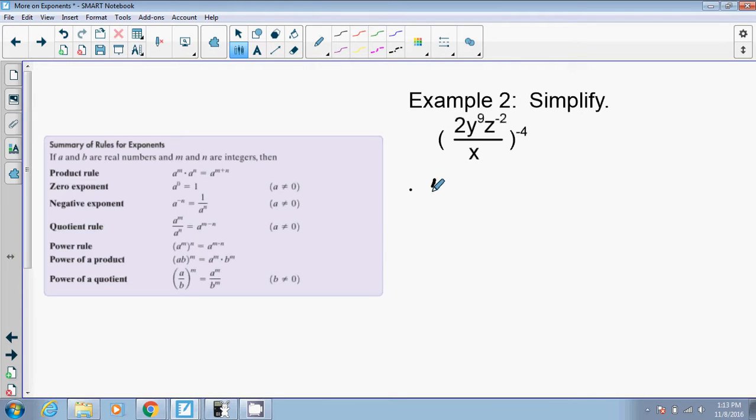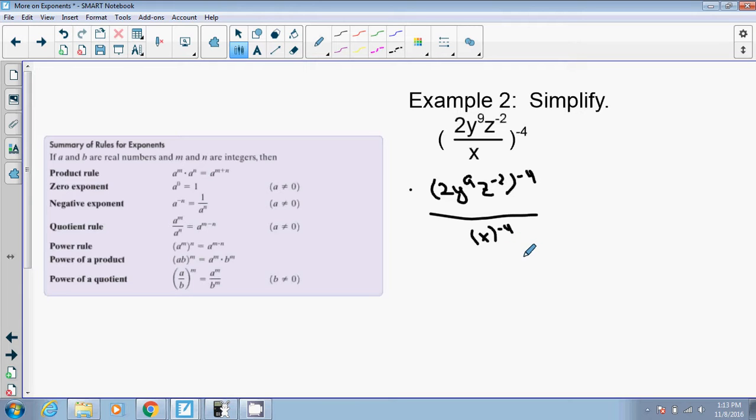So this will become 2y to the 9th z to the negative second, all raised to the negative 4th power, all over x raised to the negative 4th power.